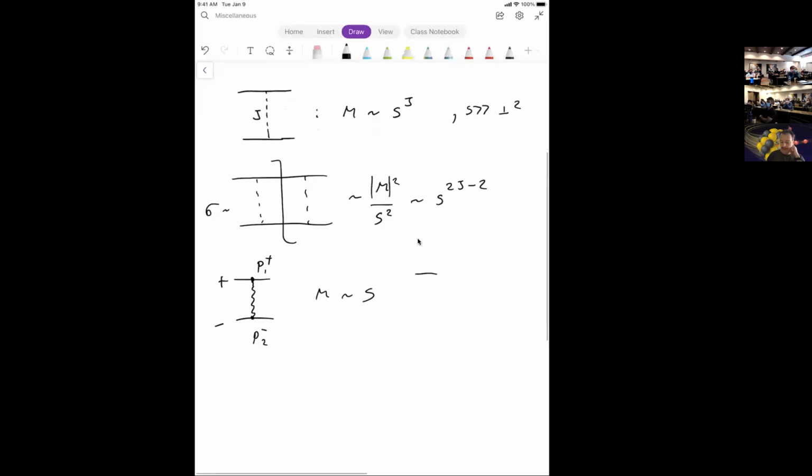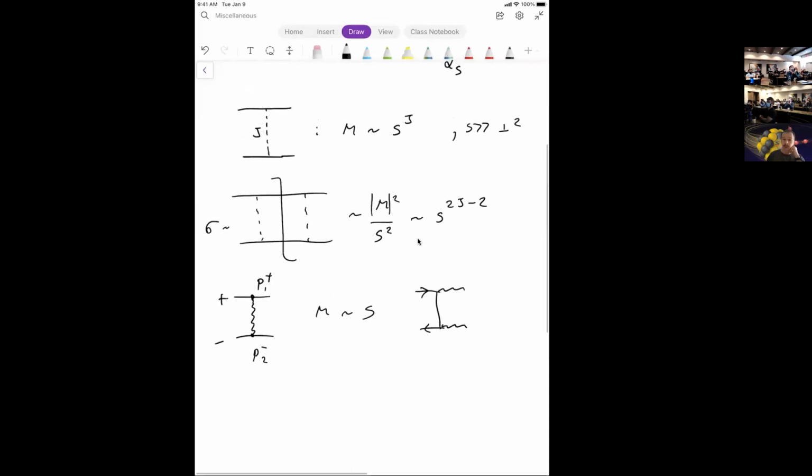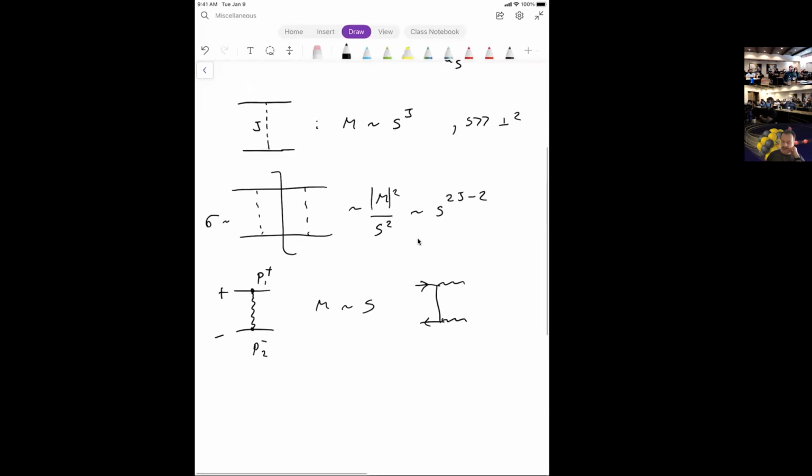If you want to look at some sort of a quark exchange diagram, for instance something like this, if this is quark-antiquark scattering, then the quark has spin a half, right? So your scattering amplitude would grow as a square root of s.